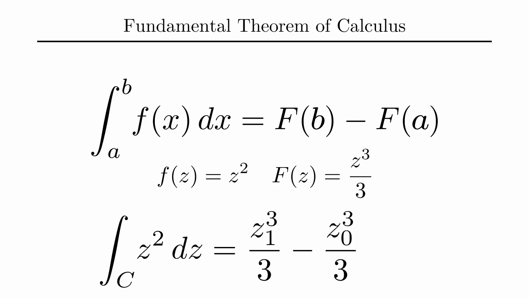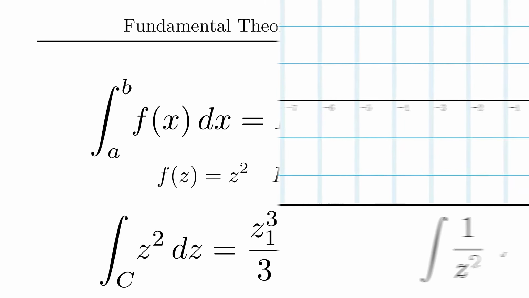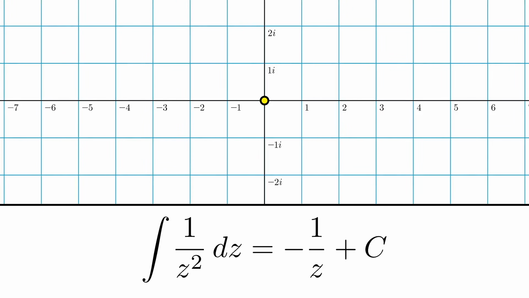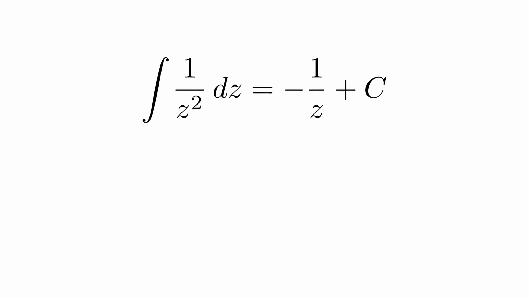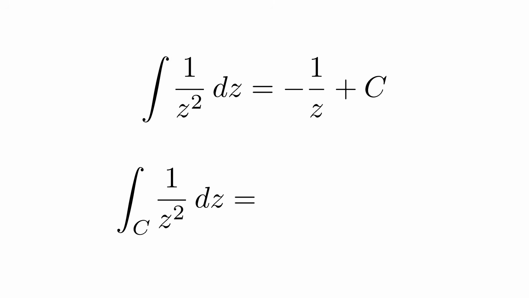Likewise, for the function 1 over z squared, we have the antiderivative minus 1 over z, and then it is true to say that as long as z0 and z1 aren't 0, and c is a curve from z0 to z1 that does not pass through 0, then the integral of 1 over z squared dz along the curve c will be exactly minus 1 over z1 minus minus 1 over z0.